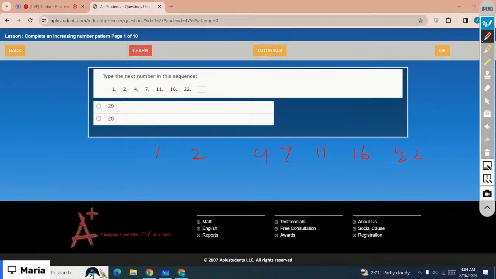Let's see how they are growing. 1 plus 1 makes 2, 2 plus 2 makes 4, 4 plus 3 makes 7, 7 plus 4 makes 11, 11 plus 5 makes 16, 16 plus 6 makes 22. For the next one, you need to add 7. So 22 plus 7 is 29. Yes, very good. The next one in the sequence is 29. Got it? The correct option is 29. Very good.